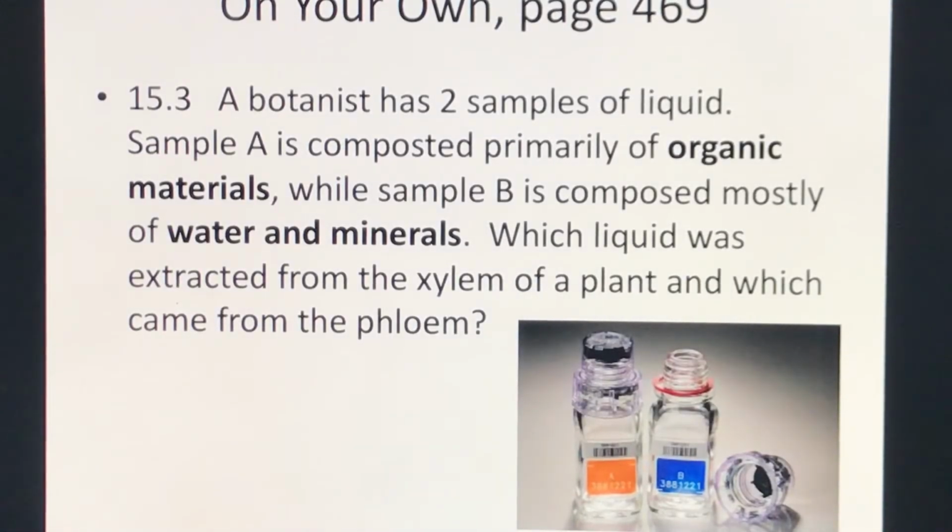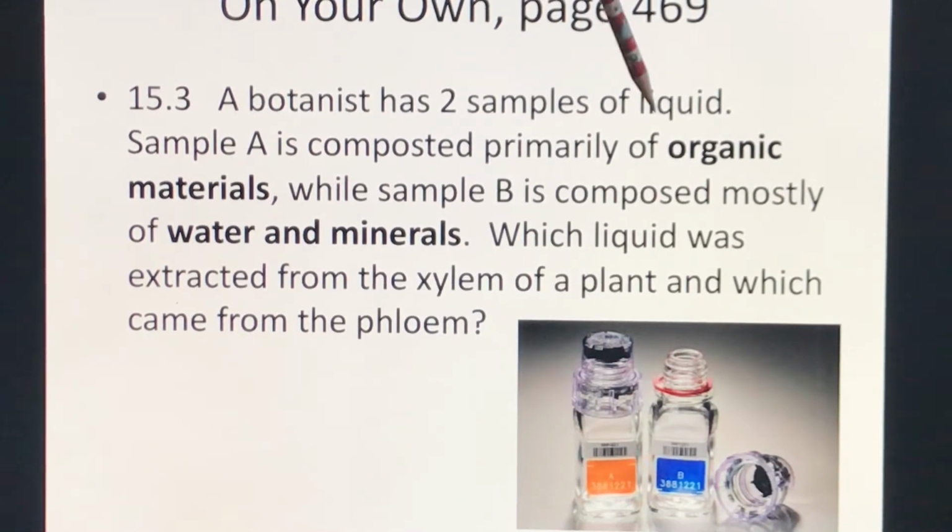All right, let's look at On Your Own, page 469, 15.3. A botanist has two samples of liquid. Sample A is composed primarily of organic material, while sample B is composed mostly of water and minerals. Which liquid was extracted from the xylem of a plant and which came from the phloem?